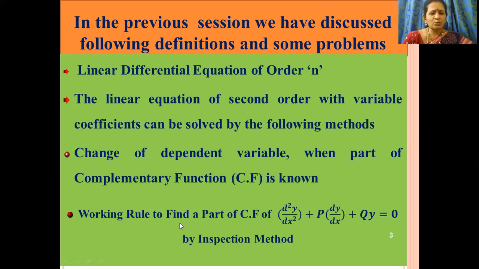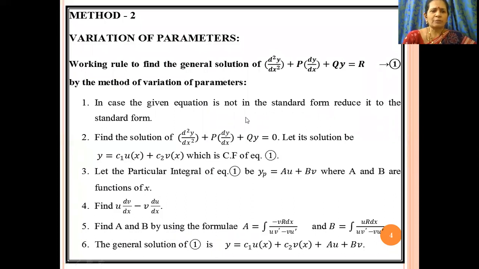Another one, working rule to find the part of complementary function by the inspection method, we have discussed in the last session. Now coming to method 2, variation of parameters. In this session, we are going to discuss variation of parameters. Working rule about the variation of parameters we are discussing now.